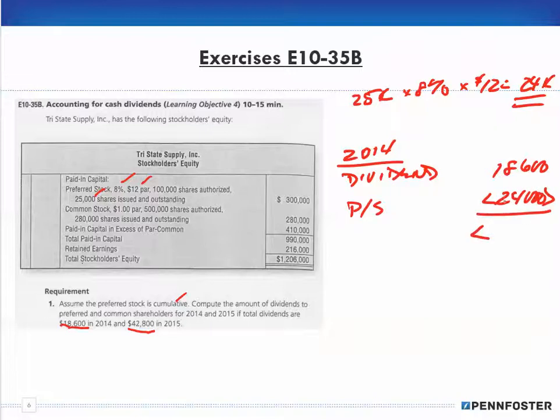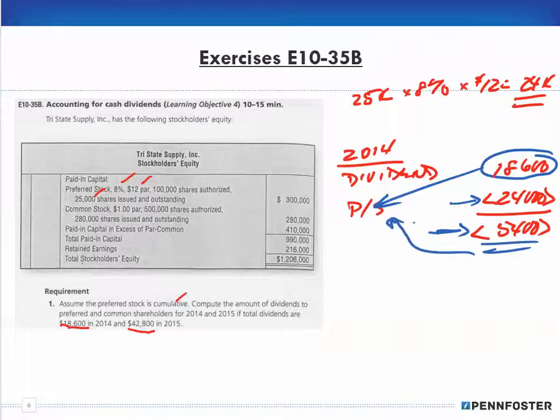Well, there's not enough to pay the preferred shareholders. All right, they're short $5,400. Right. So out of the dividend for 2014, the full 18,600 goes to the preferred shareholders because they're owed 24,000. So cumulative means what's carried over. $5,400 is still owed to the preferred shareholders when it comes to 2015.